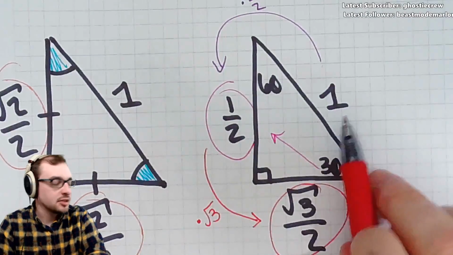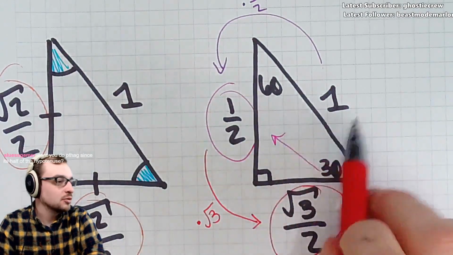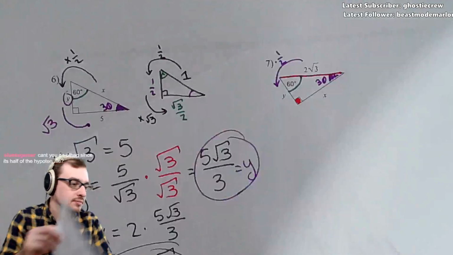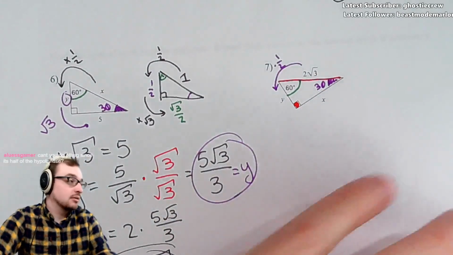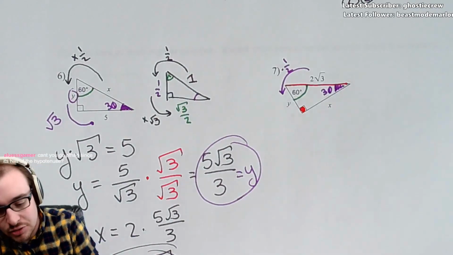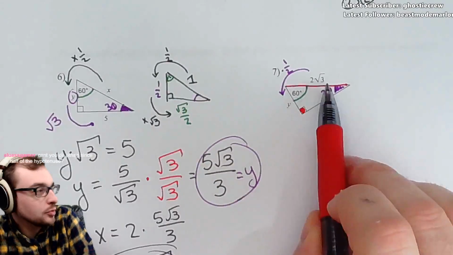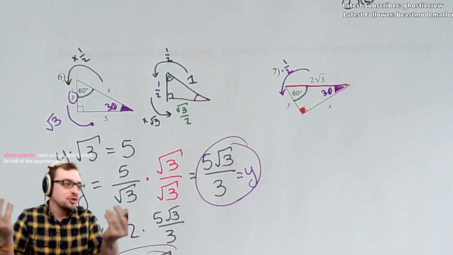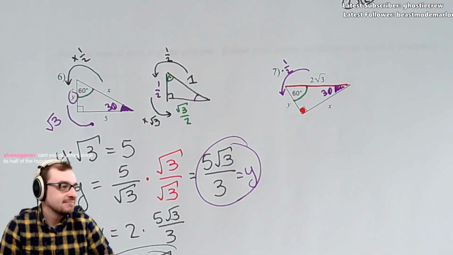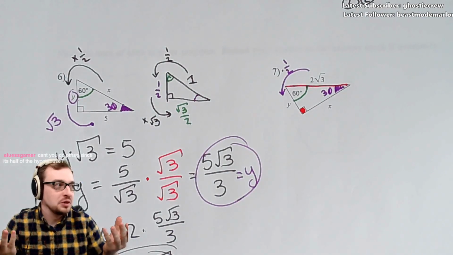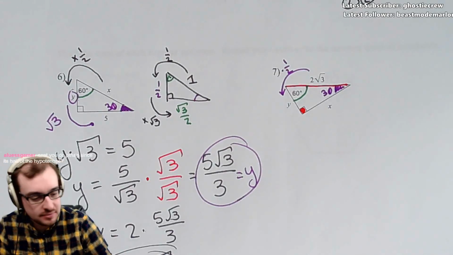Whatever this guy is, he's always twice as big as this guy. Right? There's a relationship there. We can, once we've got it, I'll show you what I mean by that. So we can go by half. Well, 2 root 3, what's half of that? If I have 2 root 3s, what's half of that? 1 root 3. Root 3, right?